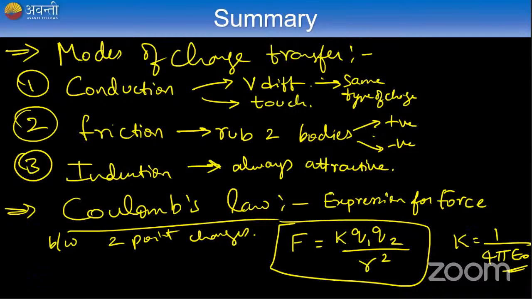So what is epsilon naught, or epsilon in general? Epsilon means permittivity, right? So what is permittivity? It is how much a body opposes the free flow of charge through it.